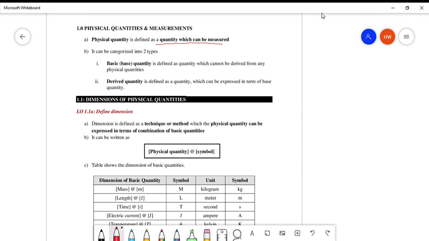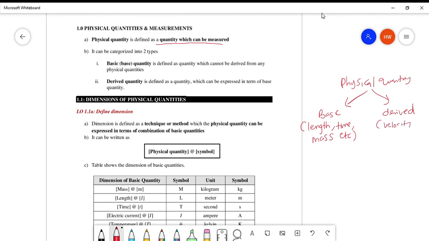It can be categorized into two types: the basic quantities, such as length, time, mass, etc., and the derived quantities, such as velocity, acceleration, force, and etc.